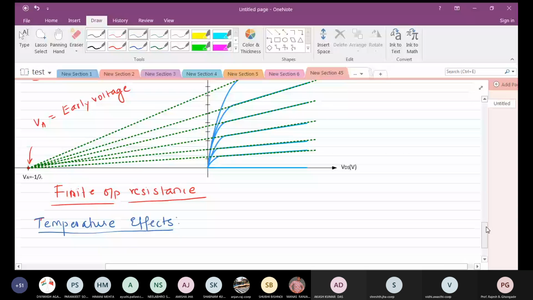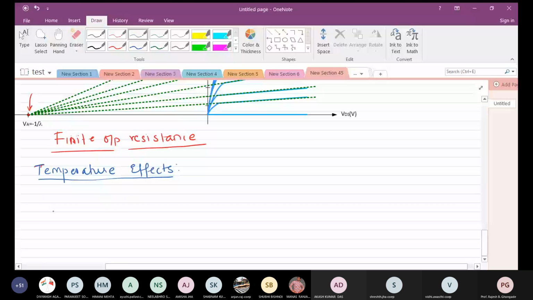You'll see that both Vt and K dash are temperature sensitive.